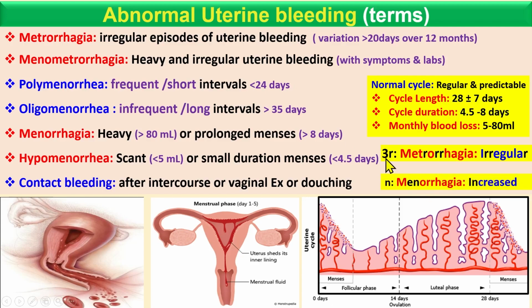Just for a mnemonic, M-R means irregular: when there is irregular bleeding, it is metrorrhagia. The N in menorrhagia represents increase: when there is increased or heavy menses, this is known as menorrhagia.